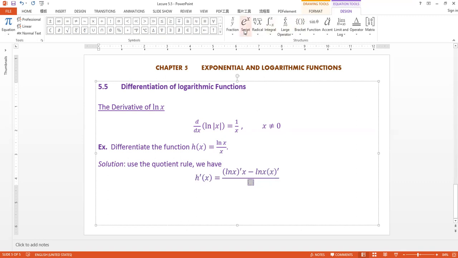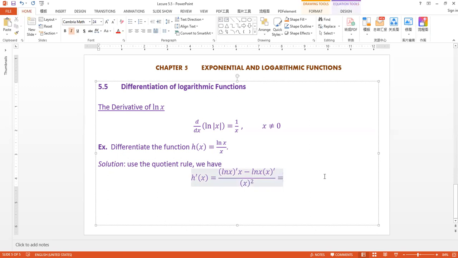So that's just the square of x, isn't it? If you forget that, the quotient rule says the derivative of a quotient of two functions is equal to the derivative of the numerator times the denominator minus the numerator times the derivative of the denominator, over the square of the denominator.